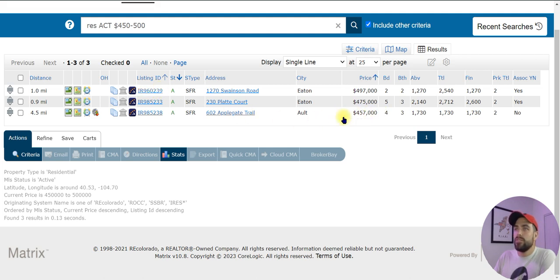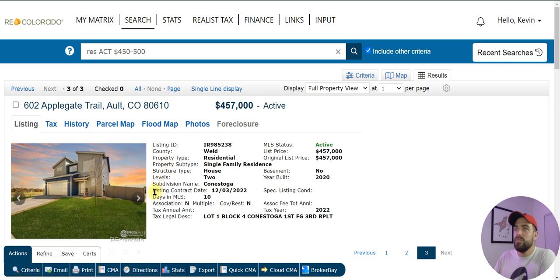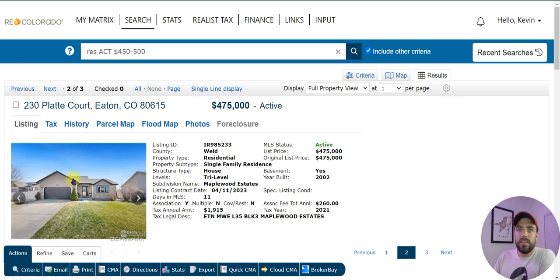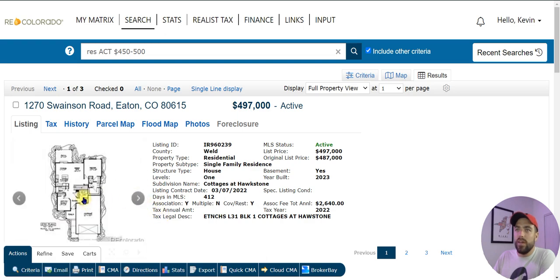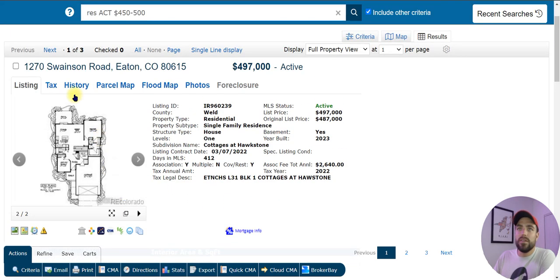This 475 is going to be the closest one to you that someone shopping in the area is also going to be going and seeing. And then this one, if it's not even built yet, they have the option to buy something and customize it themselves, and that's going to be up towards 500.